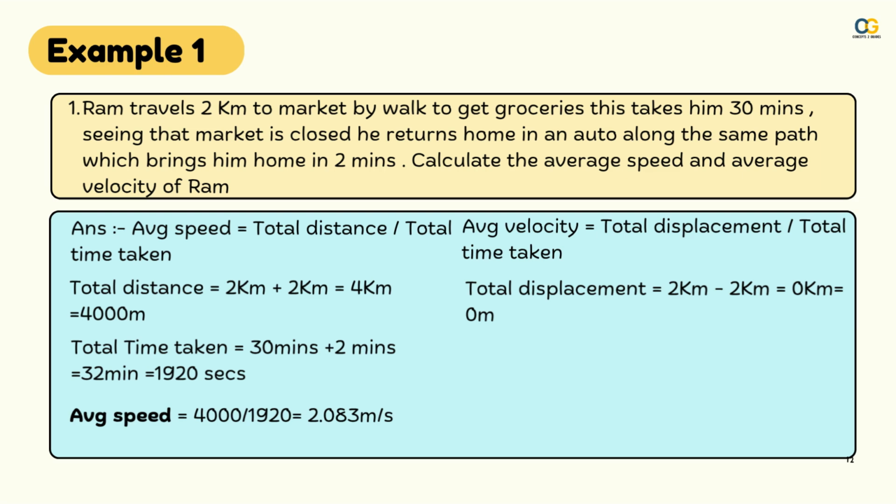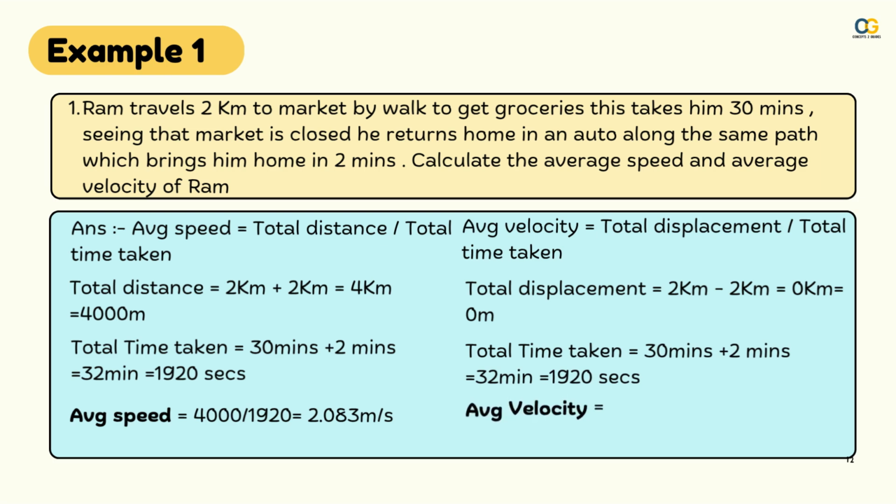You can also say that since the final and initial position are the same, which is the house, the displacement is 0. Now again, the total time taken remains the same, which is 30 plus 2, 1,920 seconds. Hence, the average velocity will be 0 by 1,920, which is equal to 0 meters per second. This is how you calculate average speed and average velocity.